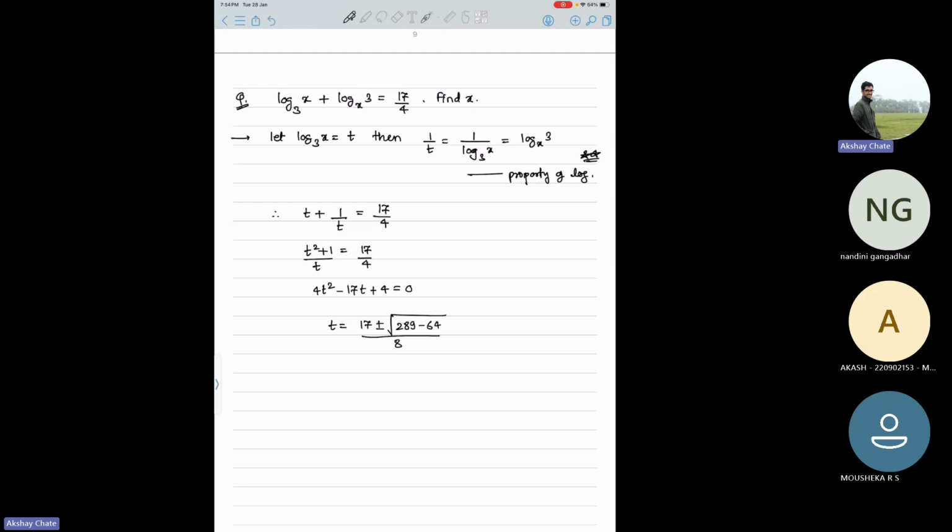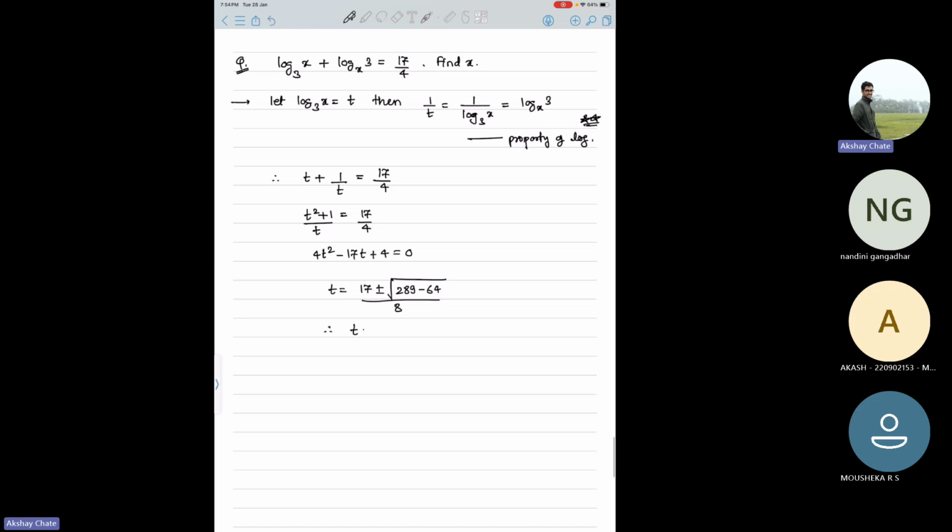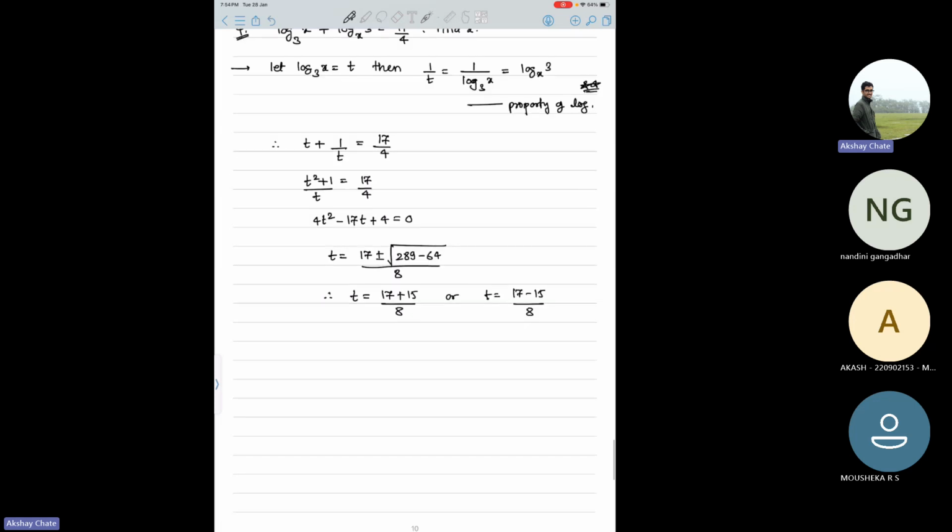This will be 225, so that is 15. So your t will be (17 plus 15) by 8, or (17 minus 15) by 8. This is nothing but 32 by 8, so 4, or 2 by 8, nothing but 1 by 4.